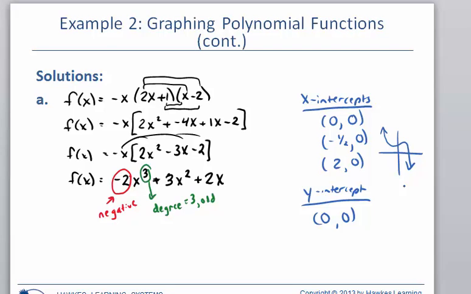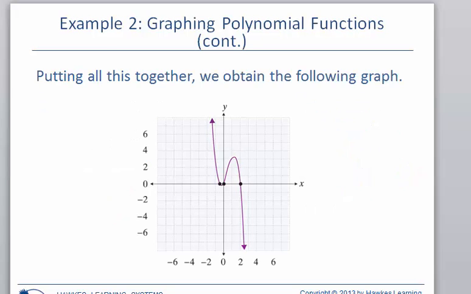Okay, so let's take a look at this in terms of getting a good graph for this function. So I'm going to first plot my intercepts. So I have the point 0, 0, which is here. I have the point 2, 0, which is here. And I have the point -1/2, 0, which is here.